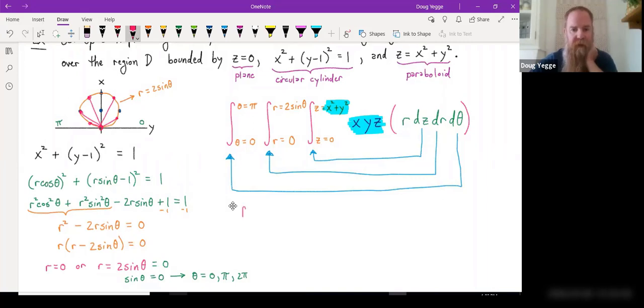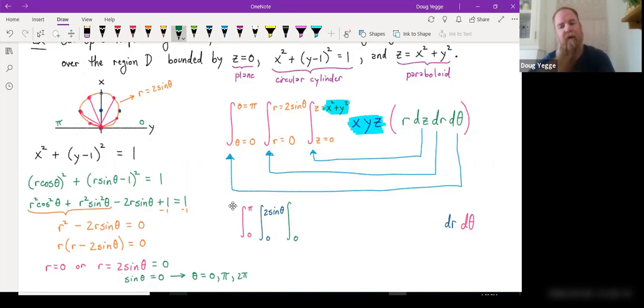So this becomes the integral from 0 to pi, and that's going to be d theta, of the integral from 0 to 2 sine theta, and that's going to be my dr, and from z equals 0 up to x squared plus y squared.